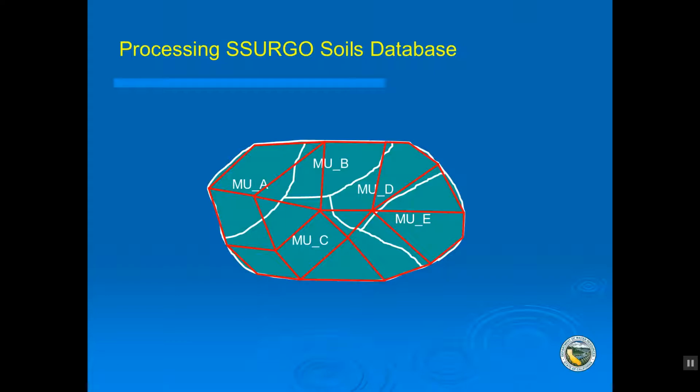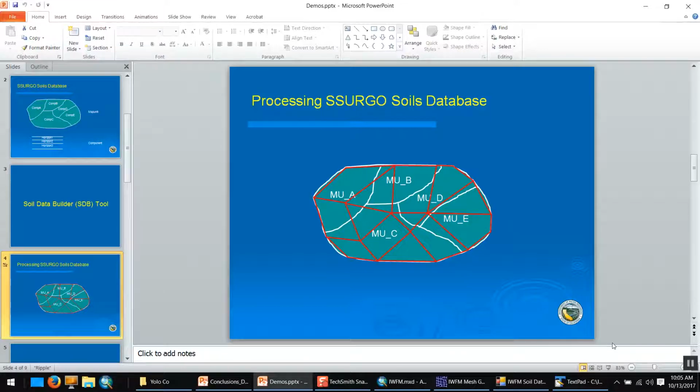Because your cells most likely will cross multiple map units, you're talking about another averaging this time based on map unit intersecting with your cell. And this problem is even worse if your grid lies over multiple counties, which means now you have to deal with data from two separate SSURGO databases. So that's another pain. So we decided, okay, can we automate this in a GIS environment? And that's how we ended up coming up with the Soil Data Builder with GIS tool.